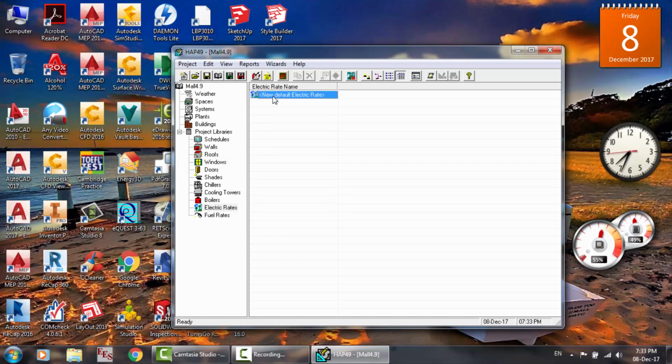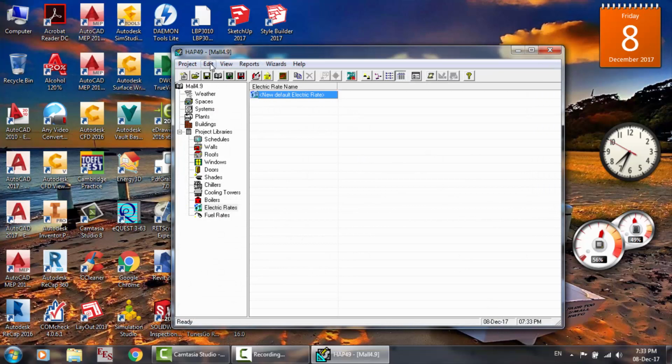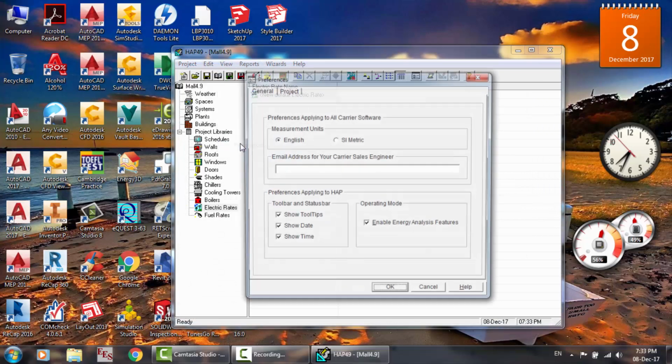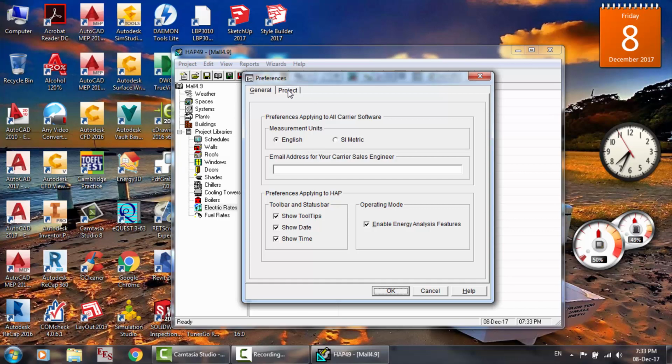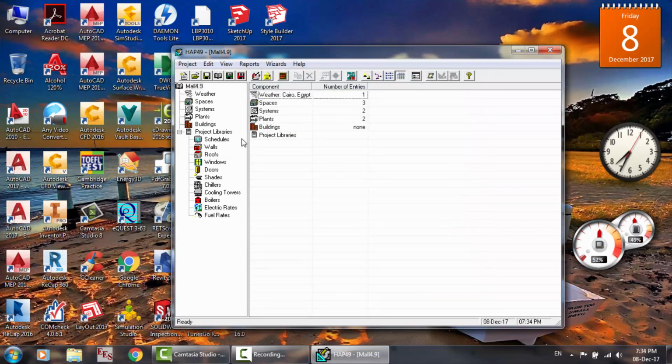Electric rates, default electric rate. Notice that it has been changed. So view preferences, project, and dollars. Okay, no problem. Just click OK and go to electric rates again.